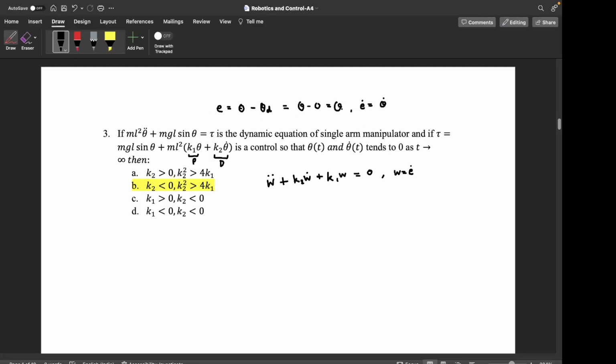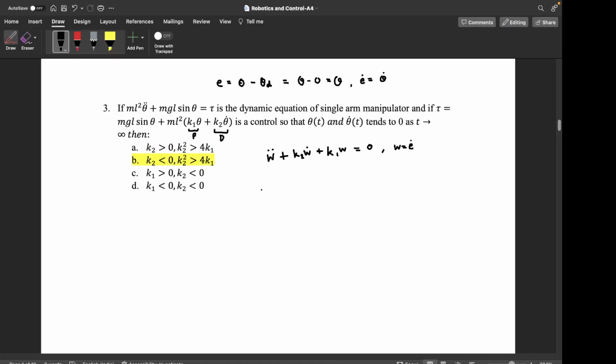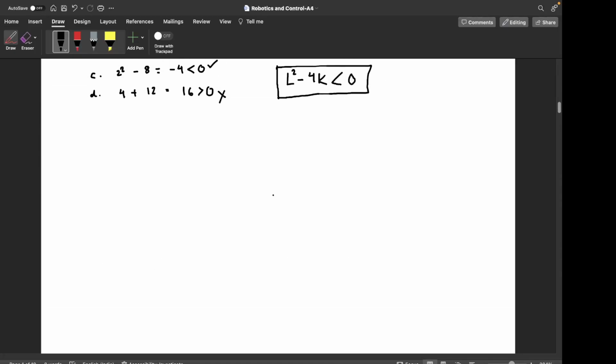Since e is theta, so e dot is theta dot, right? In this case w you can also write as e dot, so theta dot, right? Nevertheless, again the similar kind of equation and similar type of solution would be there, right?